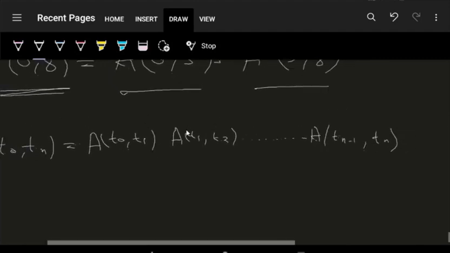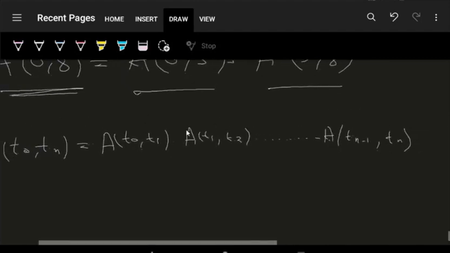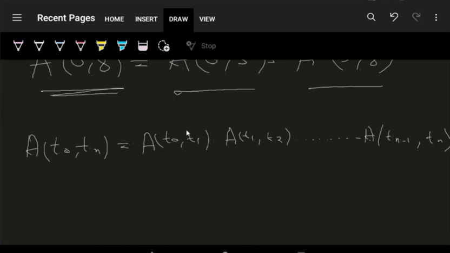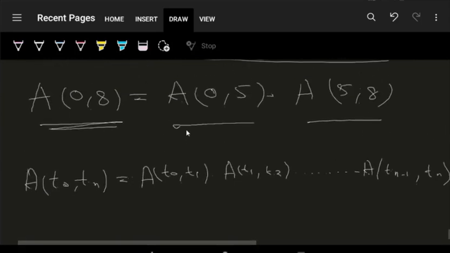So this is the general form of what the principle of consistency is. It's similar to what I've written here. These two are the same thing. This one is a specific case where tn is 8 and t0 is 0, and this is a more general case where we are reinvesting again and again at every time period.